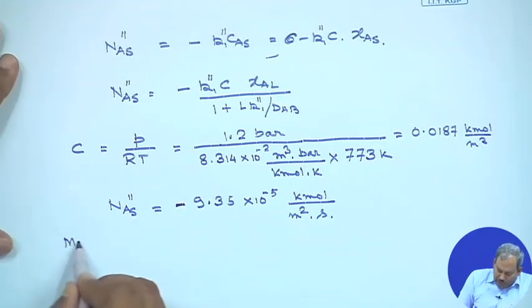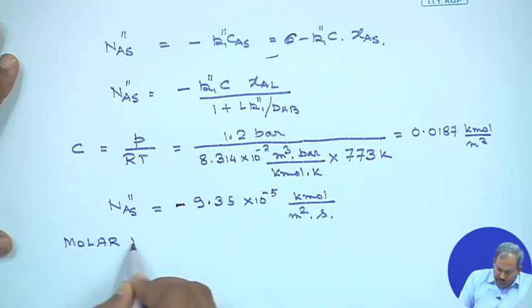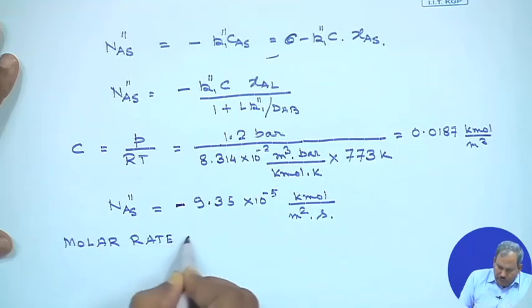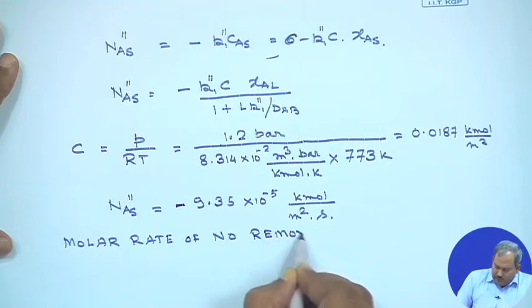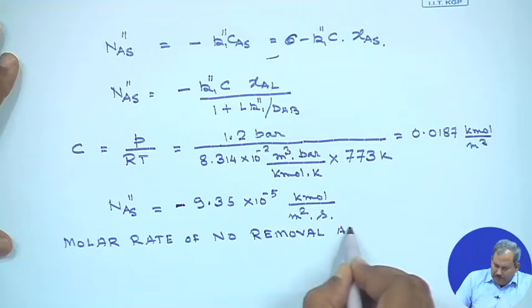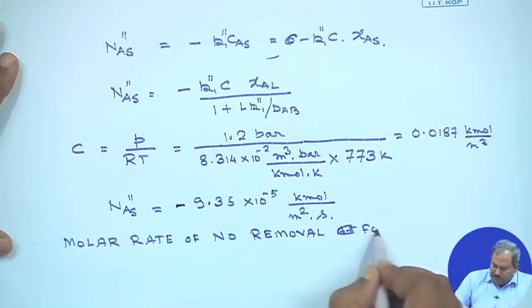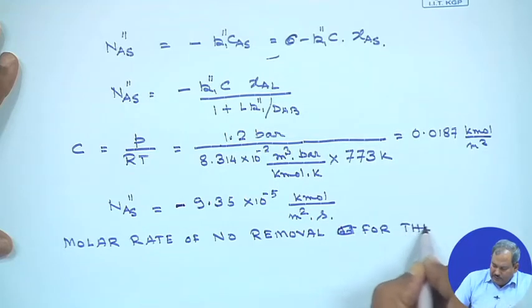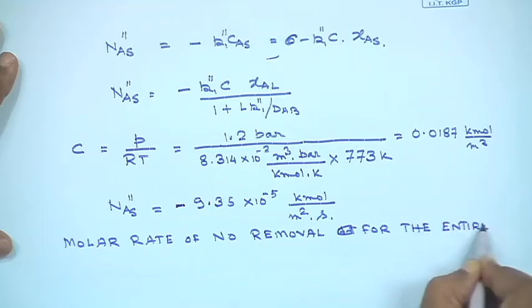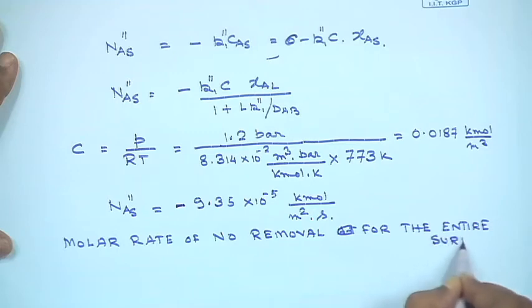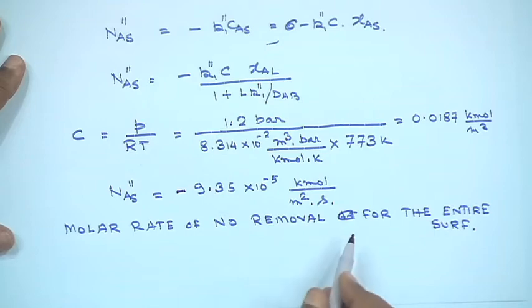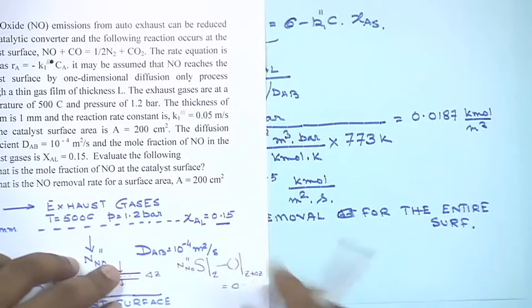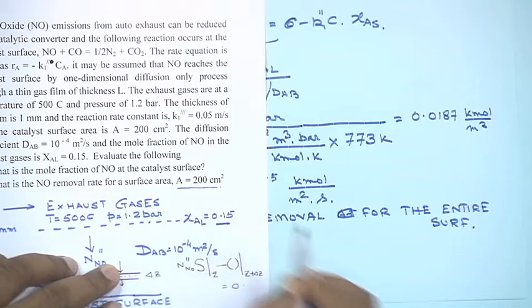So, the molar rate of NO removal for the entire catalyst surface, which is of 200 centimeter square. I think this A is provided as 200 centimeter square.